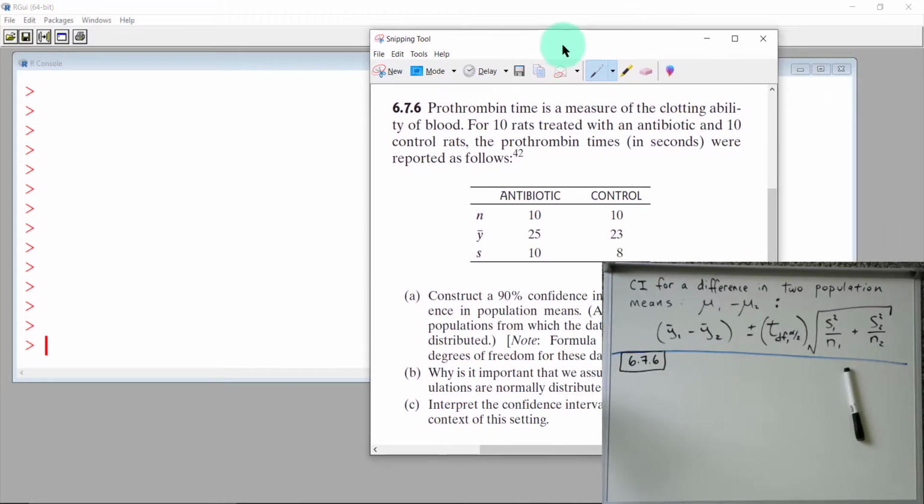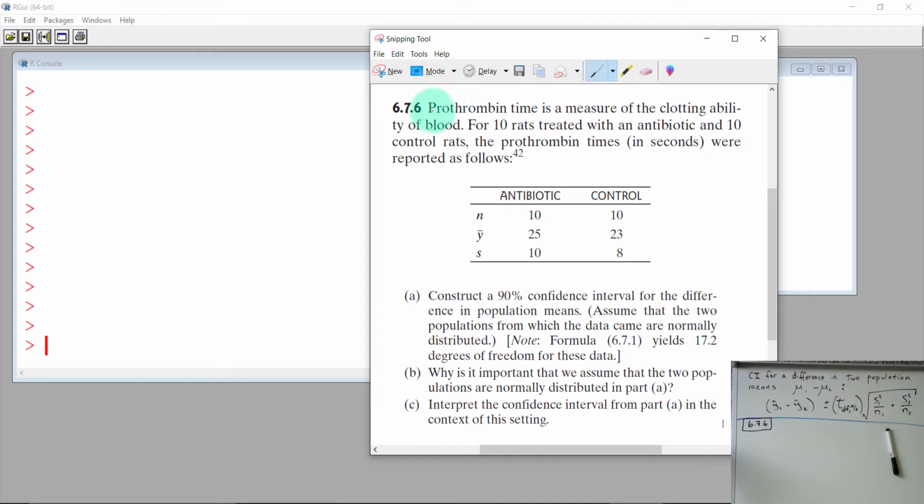Okay, so we've got, I don't know how to pronounce this, prothrombin time is a measure of the clotting ability of blood. For 10 rats that were treated with an antibiotic and 10 control rats, the times were reported as follows.